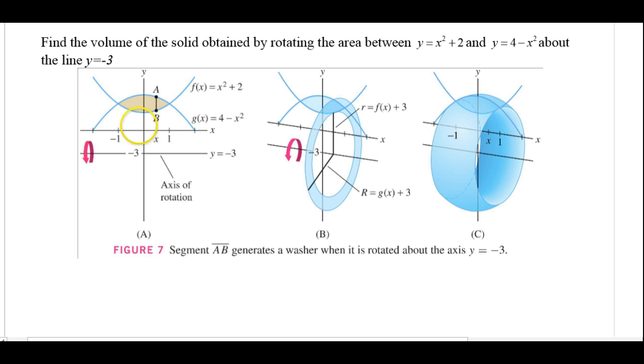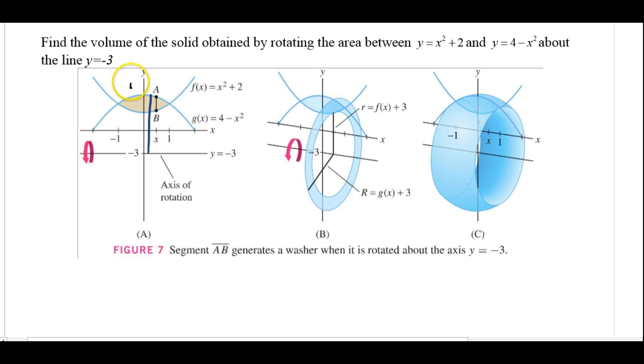Alright, so I need to find my big radius, so I'm going to start from my axis of rotation and go to the furthest away function. So here, if I start at the axis and I go up to the furthest away function, that function is 4 minus x squared. So please don't be confused and think that the top one is just the one that's currently labeled further up. That's why sometimes it's helpful if right next to the function we write its name.